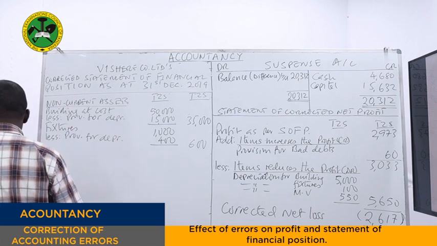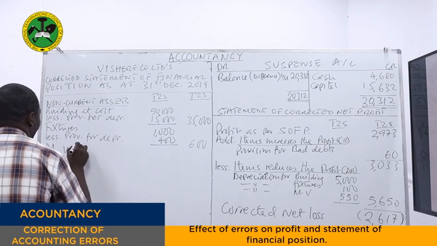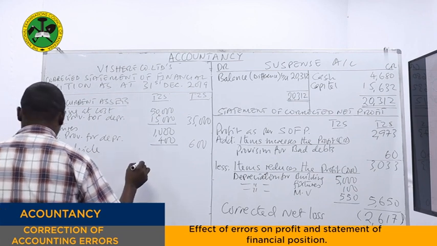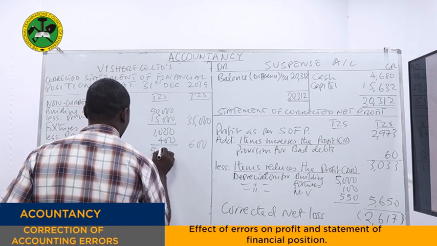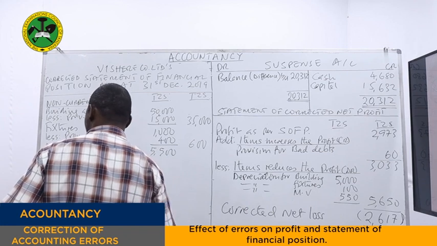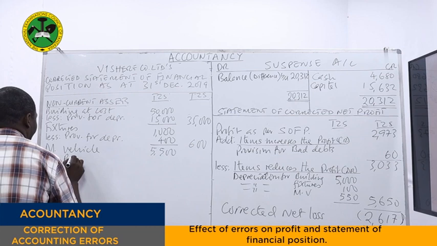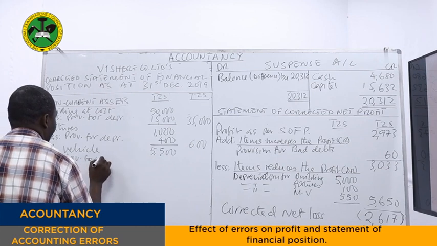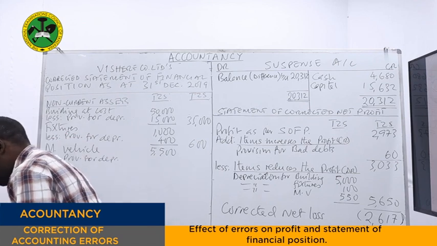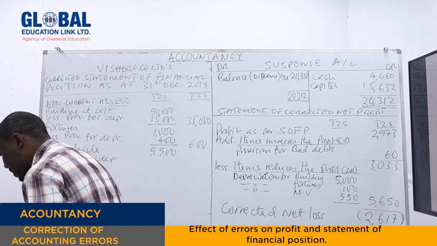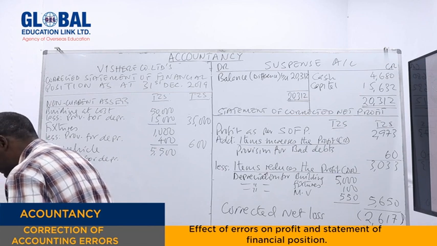Then we have a motor vehicle. Our motor vehicle is 5,500. If you less provision for depreciation, that was from our motor vehicle, provision for depreciation was 1,500 plus 550.